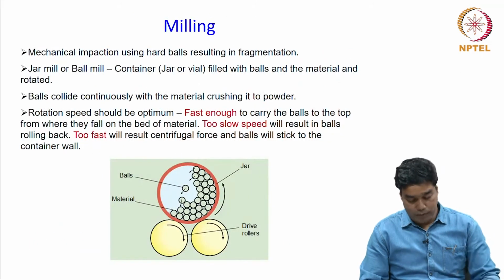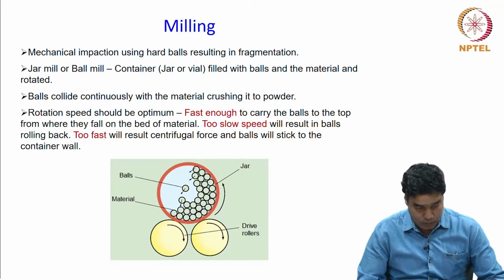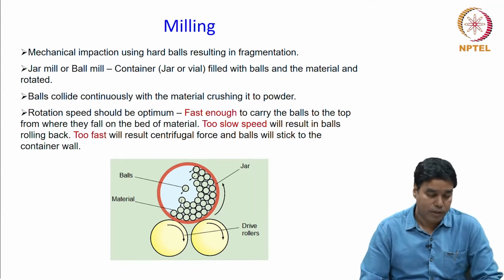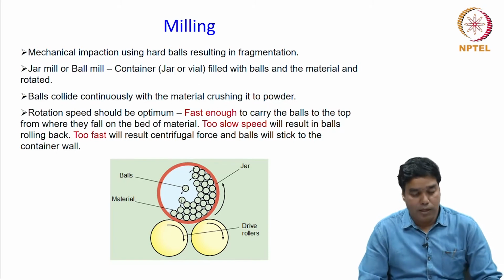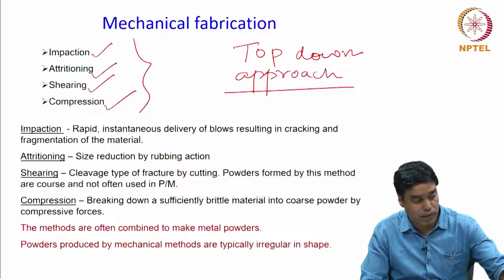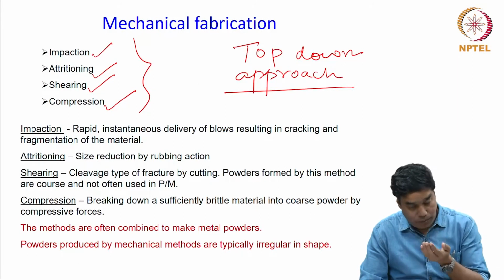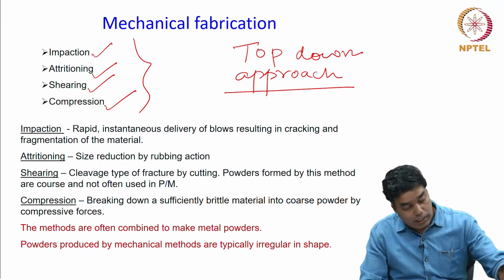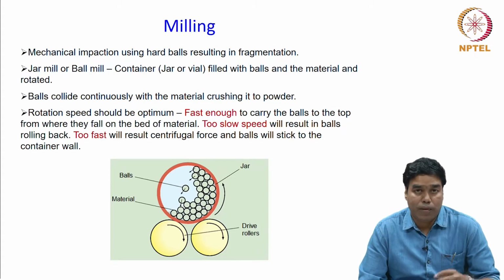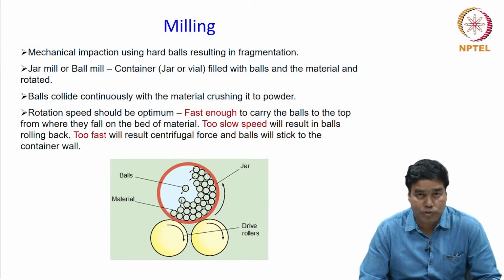Now, if you go into details as to how each of these methods works, for example, if you talk about the impaction, the first type of mechanical method that we talked about, as I said, you have to impact the material rapidly with some force, so that it breaks down.